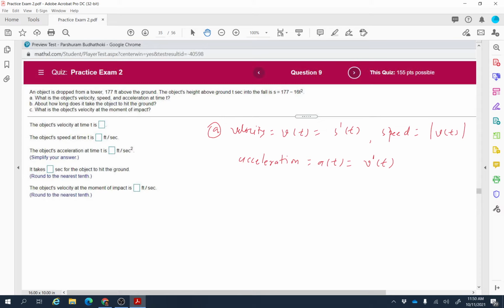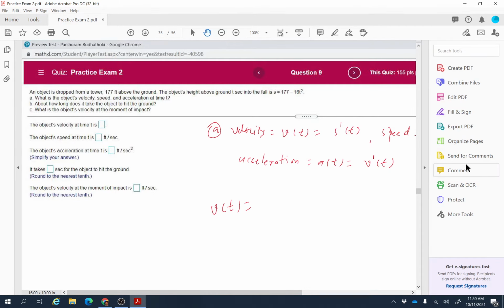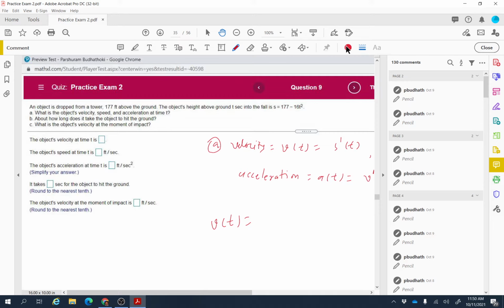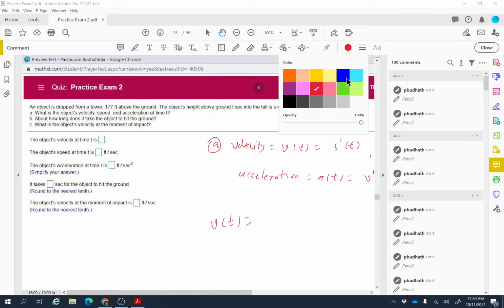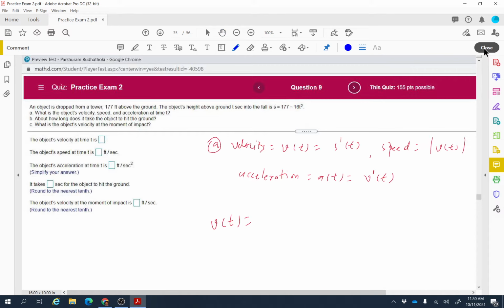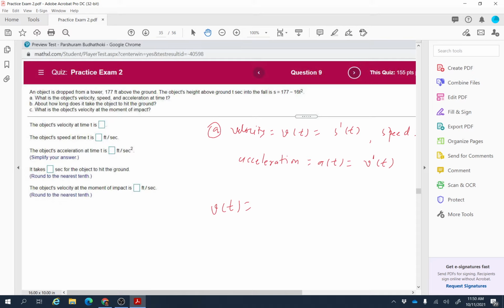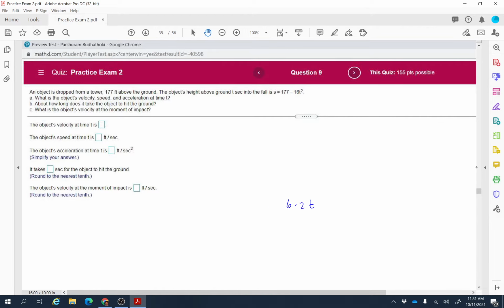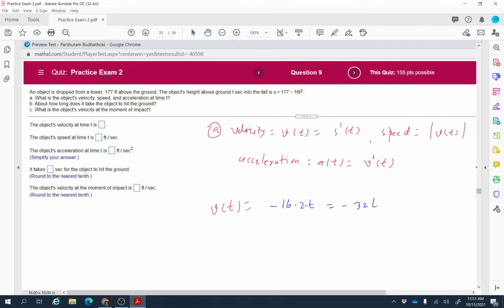So the velocity we can find, it's just a derivative. The velocity is the derivative of this position function, which is the derivative of 177, which is 0, and the derivative of negative 16 t squared, which is negative 16 times 2t, so negative 32t.